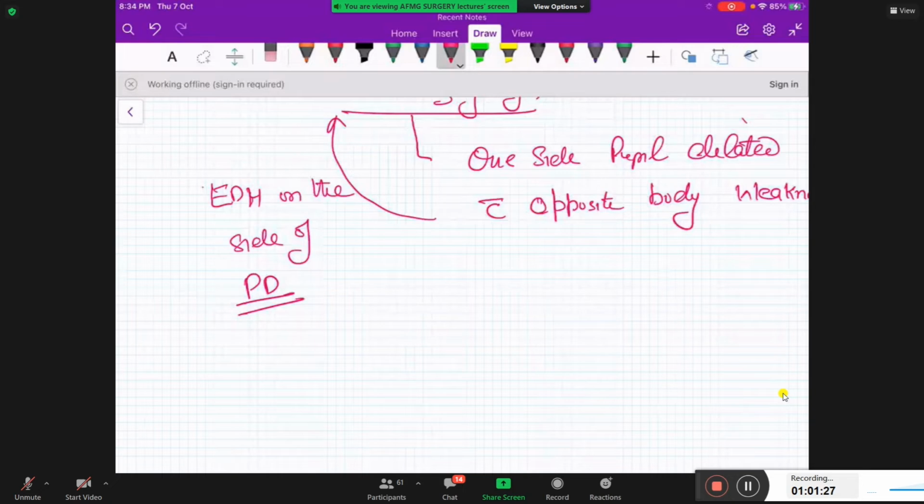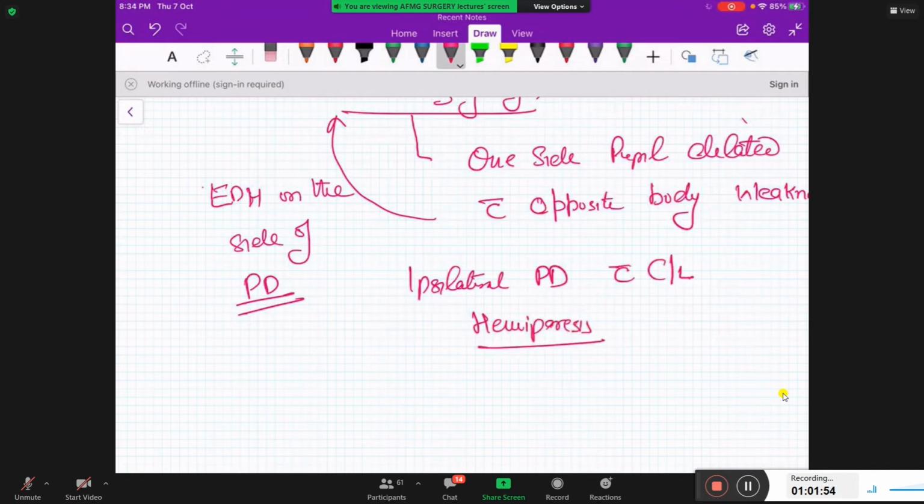So this is a sign which tells us with clinical examination itself that this patient has an EDH on the side of pupillary dilatation. And this is called ipsilateral pupillary dilatation with contralateral hemiparesis. Paresis or plegia.